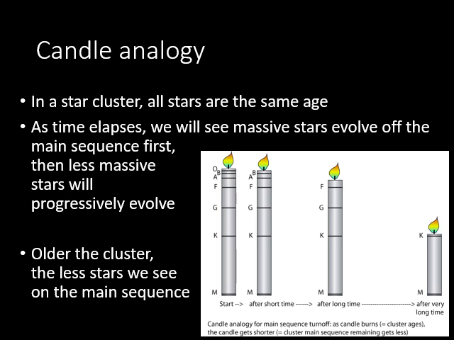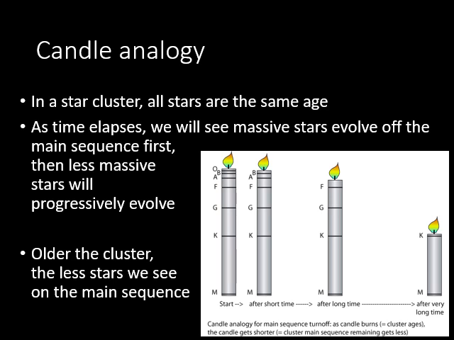Time 0 is the same for all the stars. We'll pretend that we snap our fingers and all of the stars are born at exactly the same instant. As time elapses, what happens is the more massive stars evolve first. Then the lower mass stars will progressively evolve as time goes by.